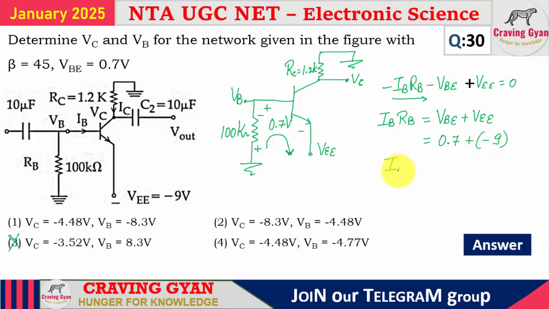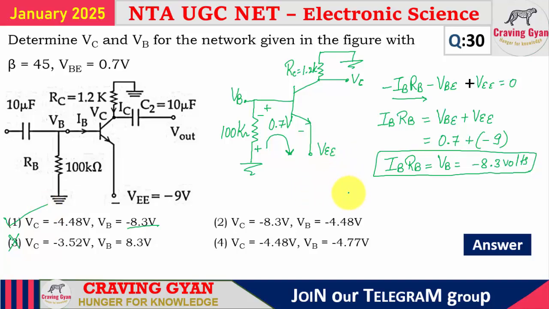So the value of IB times RB, which equals the base voltage, is minus 8.3 volts. What is the value of VB? Nothing but IB times RB, which is minus 8.3 volts. So Option A is going to follow.